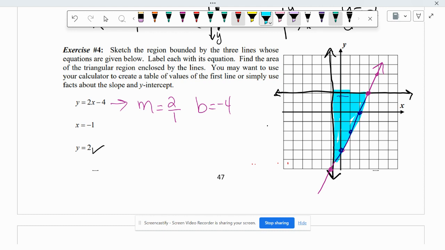Does anyone remember the formula for the area of a triangle? It's base times height divided by 2. So how do I know which one is the base and which one is the height? Do you guys remember? What am I drawing on the screen? What did I just draw up there?